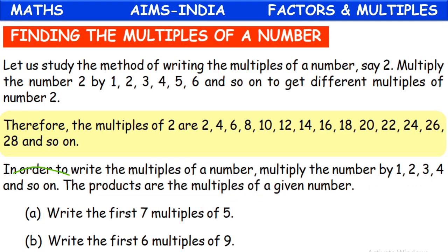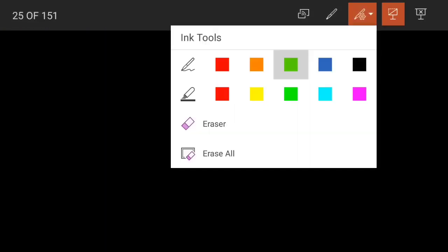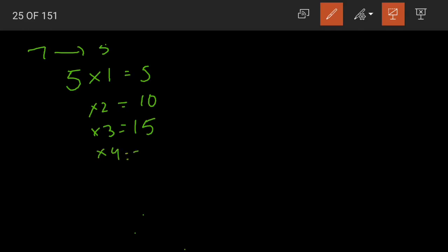Write the first 7 multiples of 5. First 7 multiples of 5. So we should start multiplying 5 by 1. 5 ones are 5. 5 twos are 10. 5 threes are 15. 5 fours are 20. 5 fives are 25. 5 sixes are 30 and 5 sevens are 35.